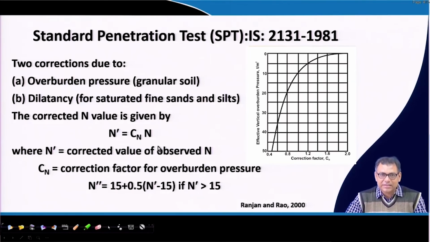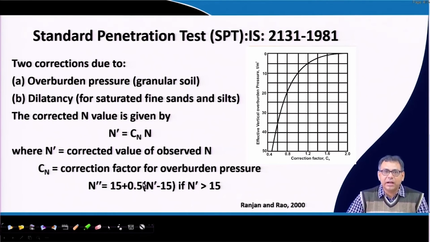If N dash is less than 15, then we will not go for the dilatancy correction. If it is greater than 15, then only I will go for the dilatancy correction, and this is the dilatancy correction. Finally, I will get the N double dash. Applying the dilatancy correction also will reduce the N value.